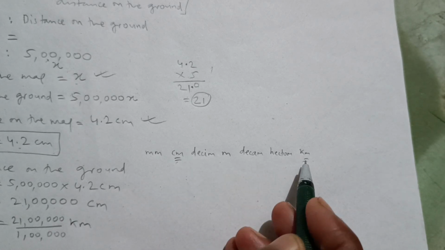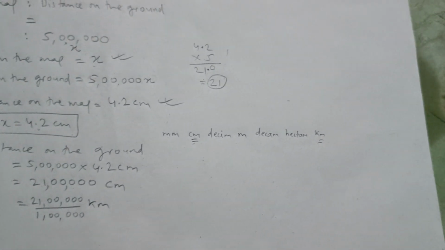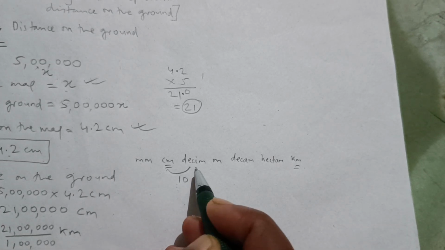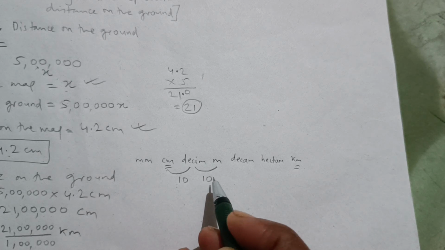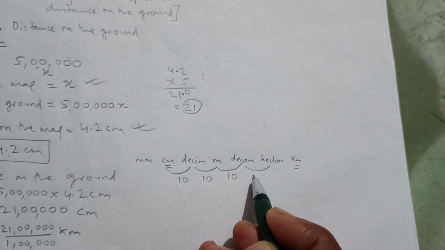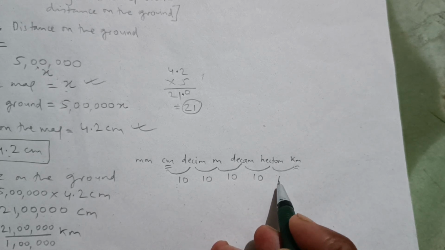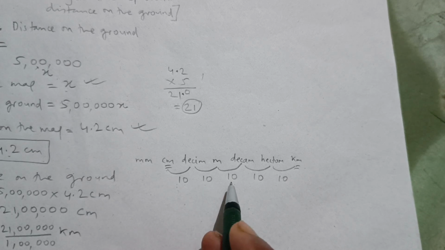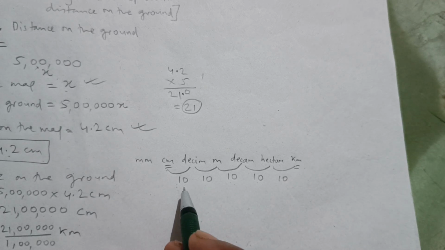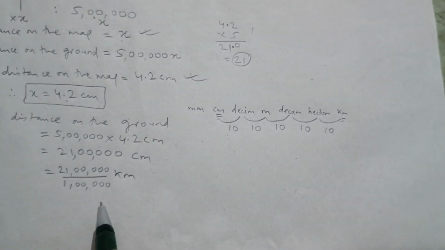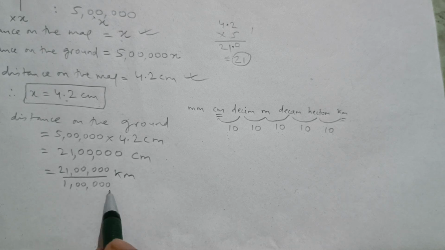Centimeter to decimeter, divide by 10. Decimeter to meter, divide by 10. Meter to decameter, divide by 10. Decameter to hectometer, divide by 10. Hectometer to kilometer, divide by 10. So 10, 10, 10, 10, 10, 5 times. So how many zeros? 5 zeros. So that is 1 lakh.